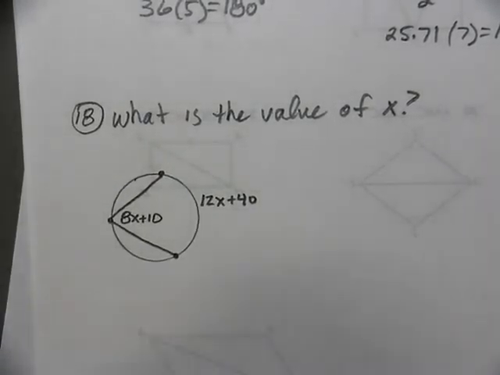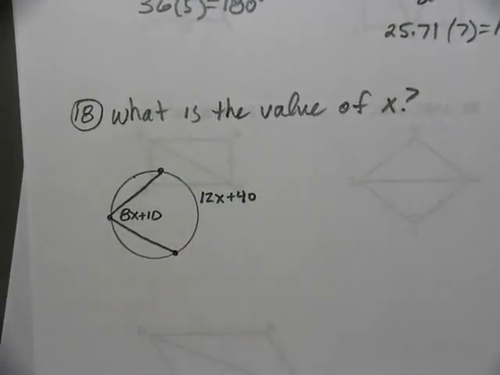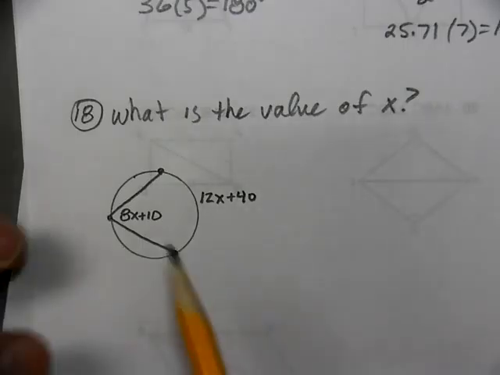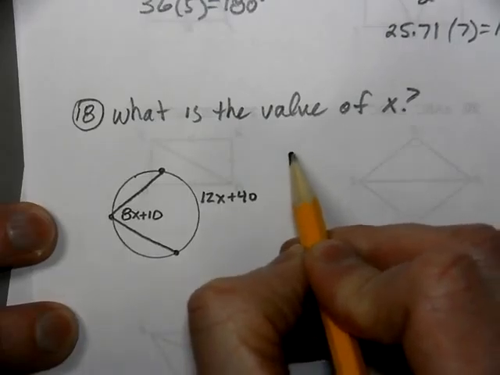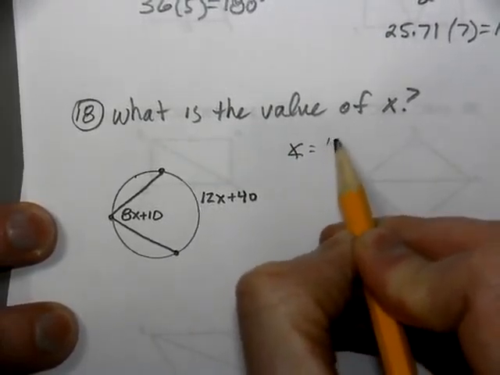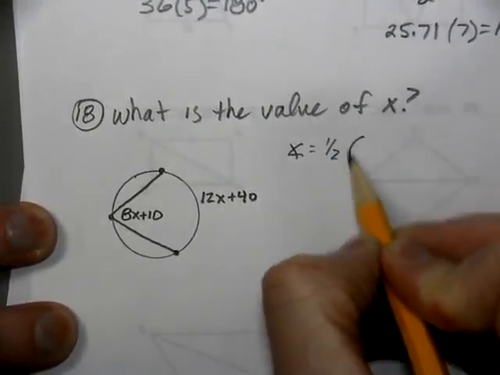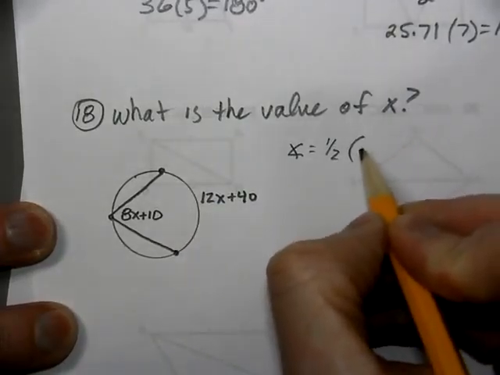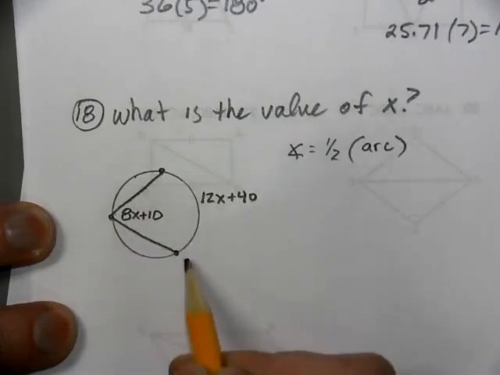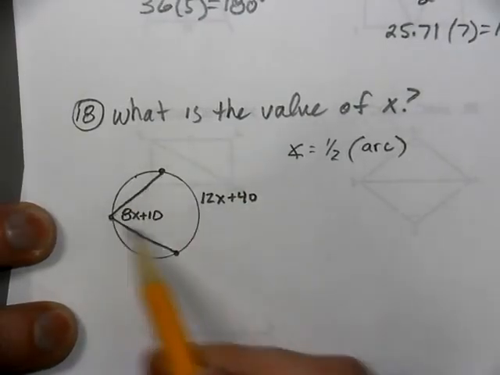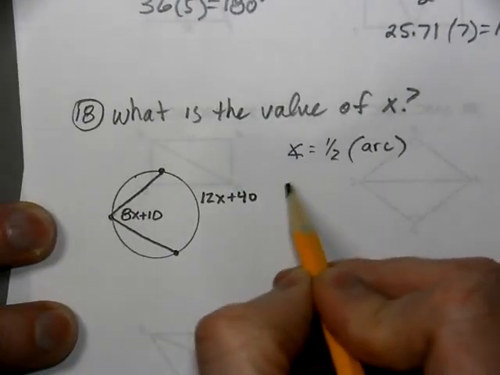For number 18, we're working with an inscribed angle and this intercepted arc. We have our inscribed angle, and we know that the angle is going to equal half of its arc. So notice how the angle opens up. This is an inscribed angle. It equals half the arc.